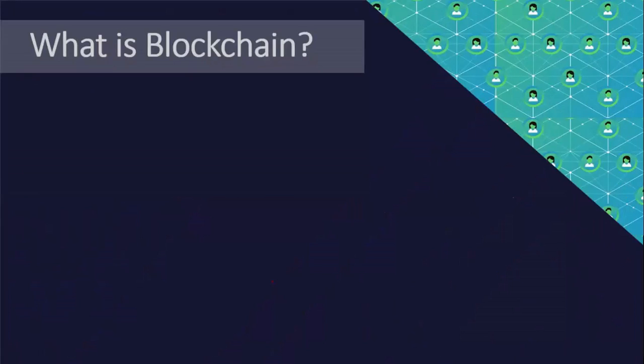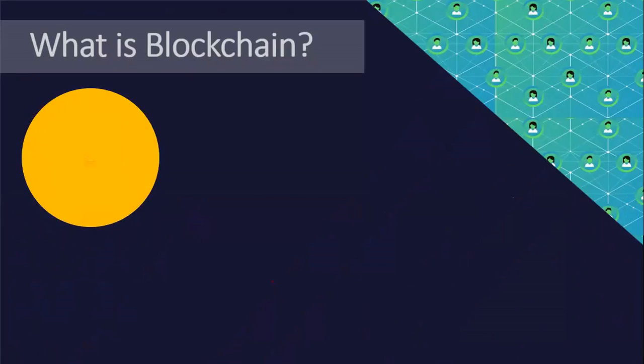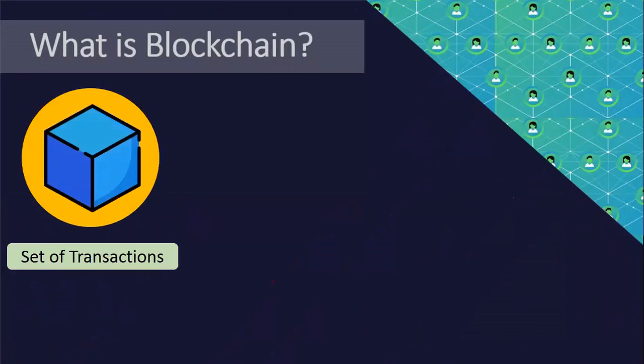Let's see what blockchain is and where the word comes from. All the transactions that are happening within a certain time duration are bundled up together, and this set of transactions is called a block, right?